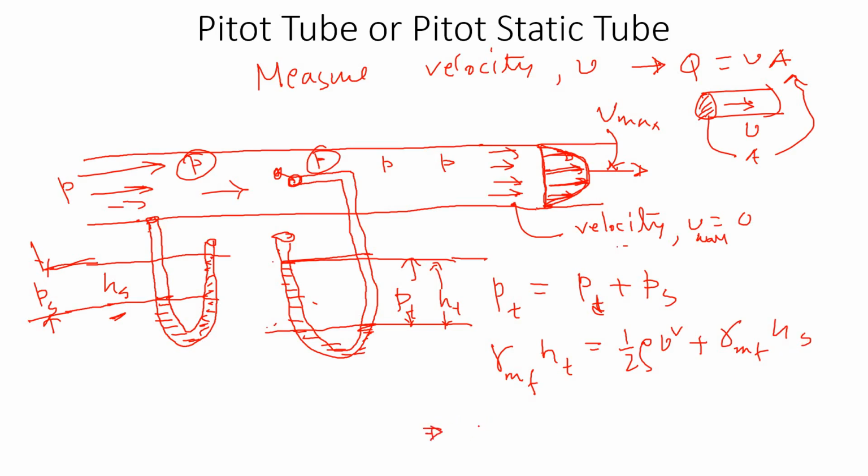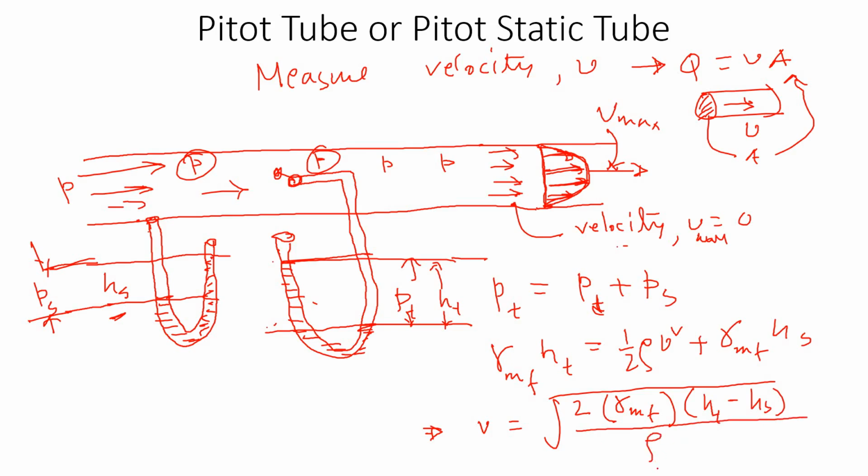If I solve for velocity, I'll get the square root of 2 times gamma of manometer fluid times the total height minus the static height, divided by the fluid density. Now this fluid density is the fluid inside the pipe. So this rho is inside the pipe, that's the fluid density. And the gamma is for the manometer fluid.